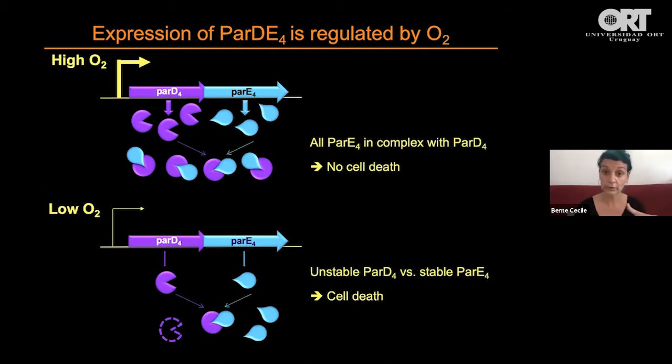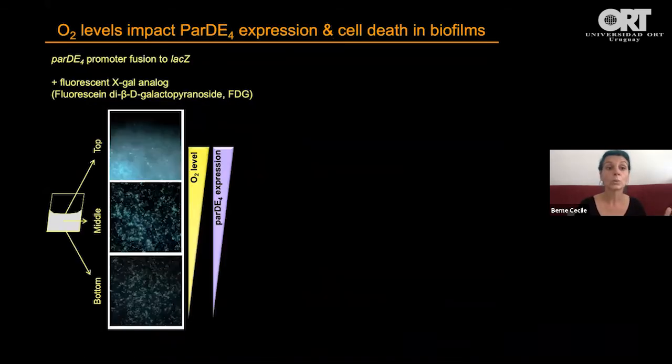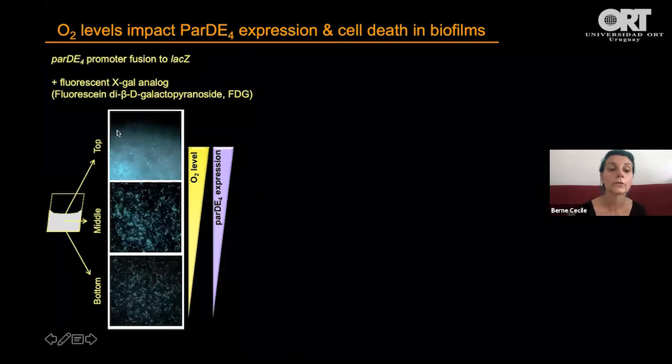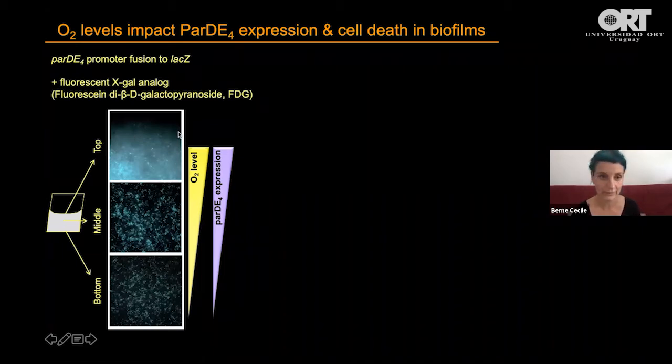So now that we've got this mechanism in place, we decided to look at what happened inside the biofilm, if what we saw was true. Here we grew biofilm on little plastic coverslips, and we are looking at 3 different locations in the biofilm. We are looking at the top, at the interface between the air and the liquid, which is where there is the most oxygen available.